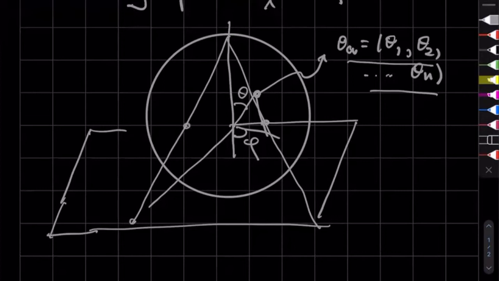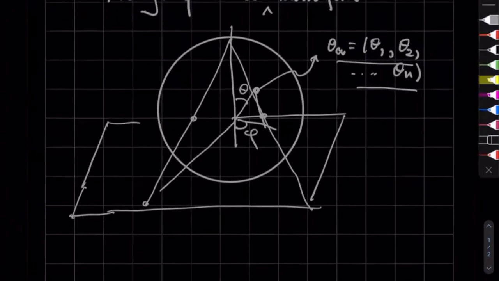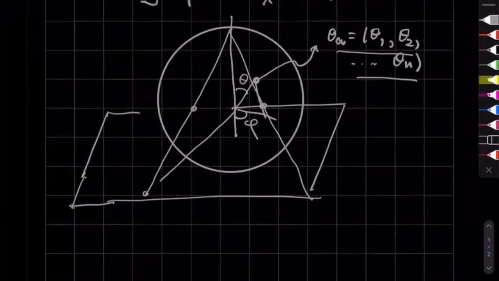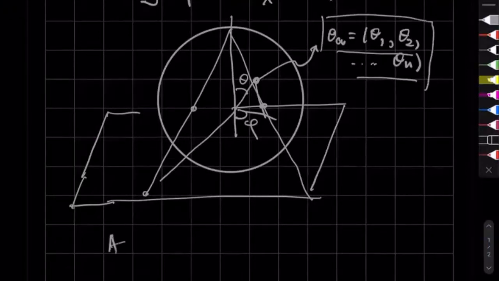So far, I have not told you anything about group. All I've told you is how from a manifold we can generate some coordinates. Now, what makes this manifold a group is that associated with these coordinates, there is a group element.